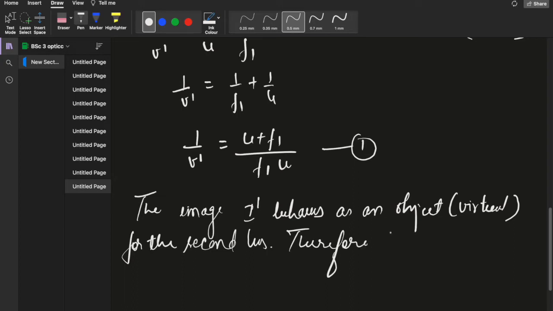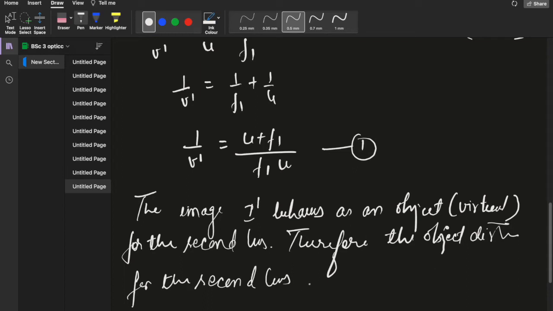Therefore the object distance for the second lens is, as we had already calculated, V dash minus D.